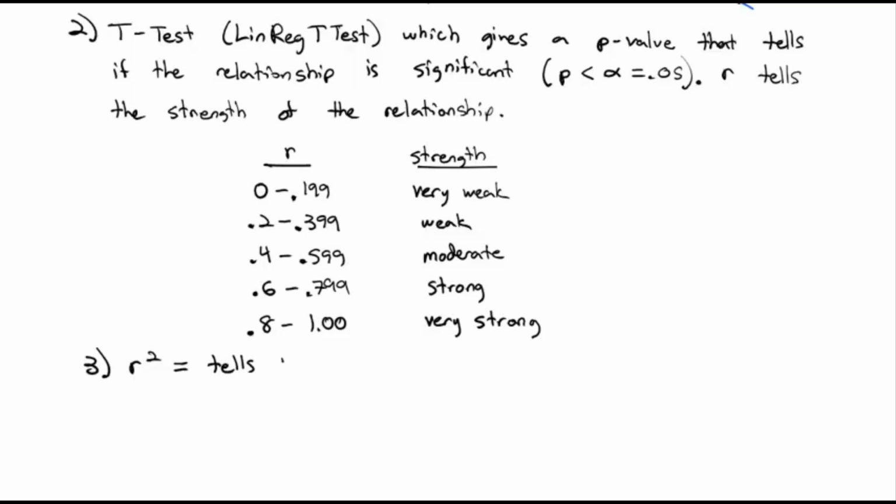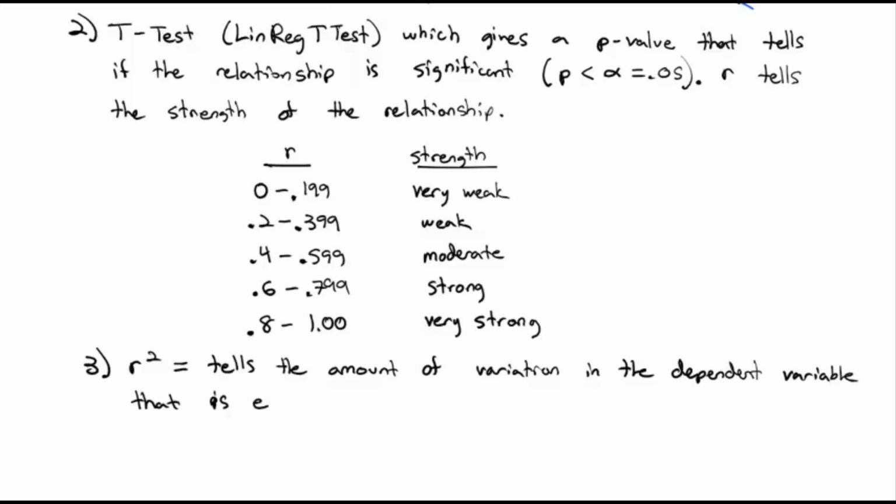R squared tells the amount of variation, actually not variance, we'll say variation, in the dependent variable that is explained by the independent variable.